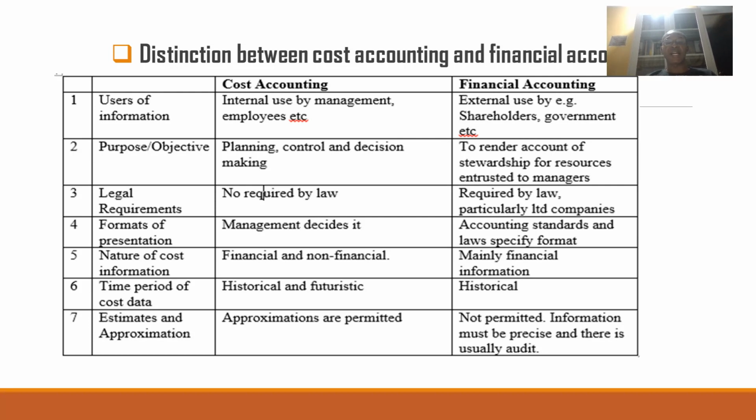Then the purpose for cost accounting is basically planning, control, and decision making by the management, while for financial accounting, it is to render account of stewardship for resources entrusted to managers.